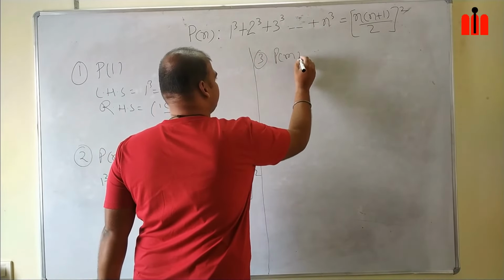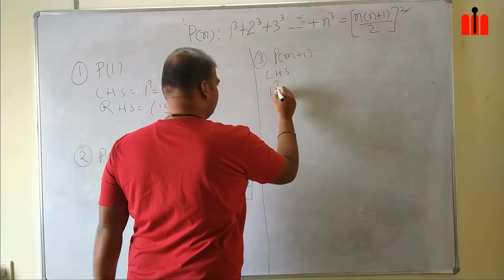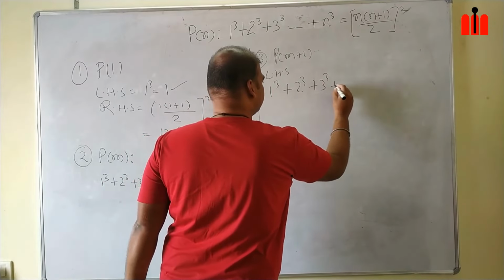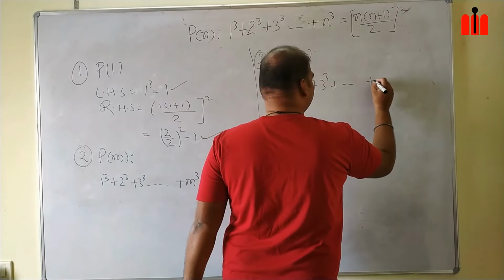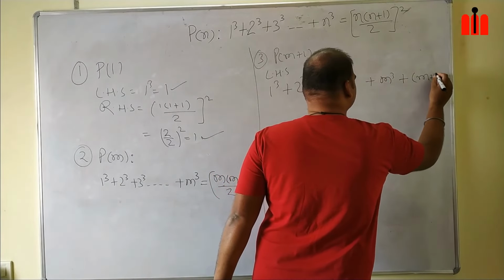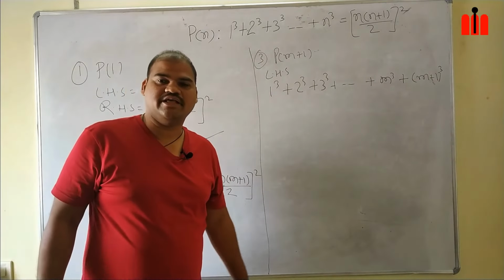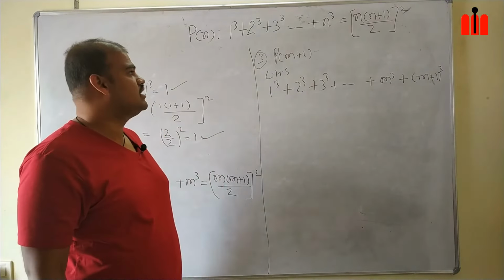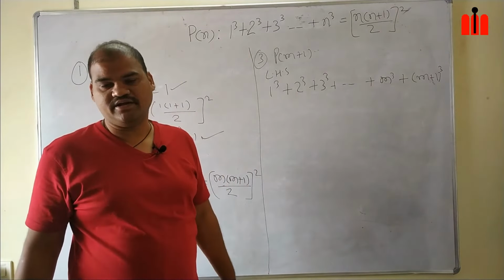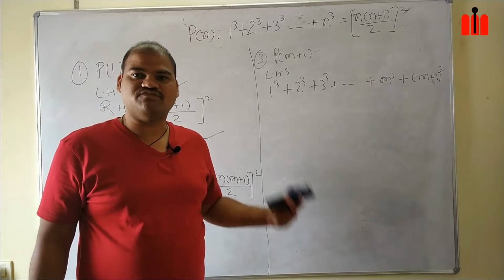Now I will go to my Pm plus 1 step, which is the induction step. This will be my Pm plus 1, my L.H.S: 1 cube plus 2 cube plus 3 cube up to m cube plus m plus 1 whole cube. Now, by seeing the R.H.S of the problem statement, I can anticipate how my R.H.S of Pm plus 1 will look.